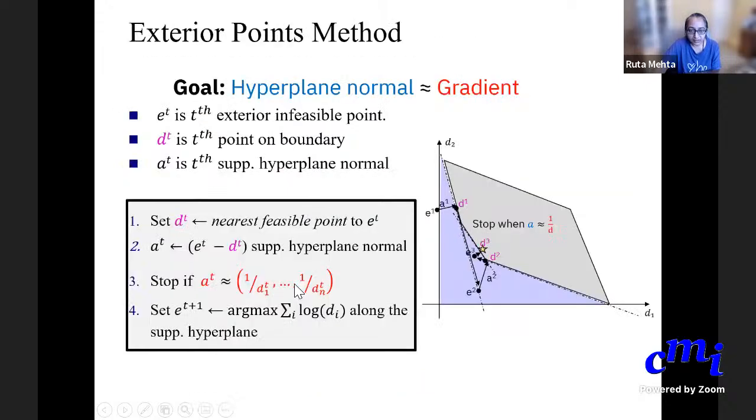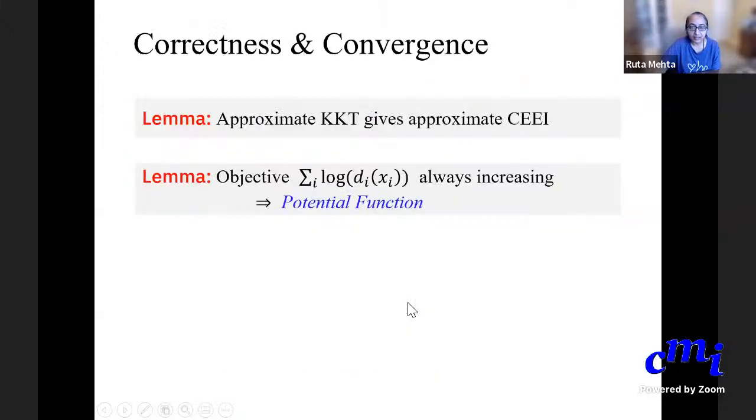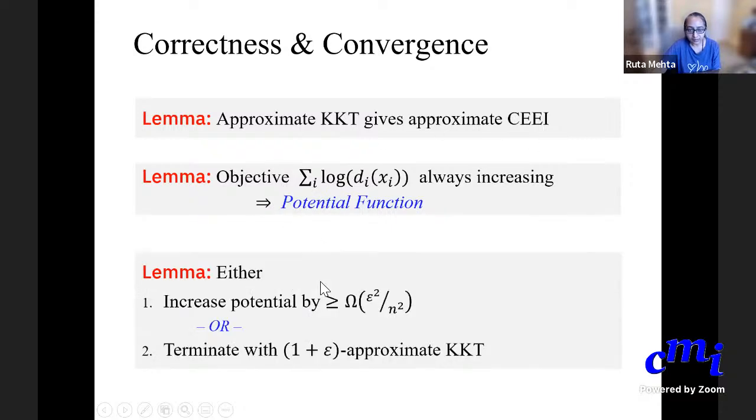Recall that we are after only an approximate KKT point. I don't have to have A exactly 1 over D, but A is 1 over D plus or minus epsilon. We already showed these two lemmas: approximate KKT gives approximate CEI, and this is a potential function. On top of this, this particular lemma is most important.